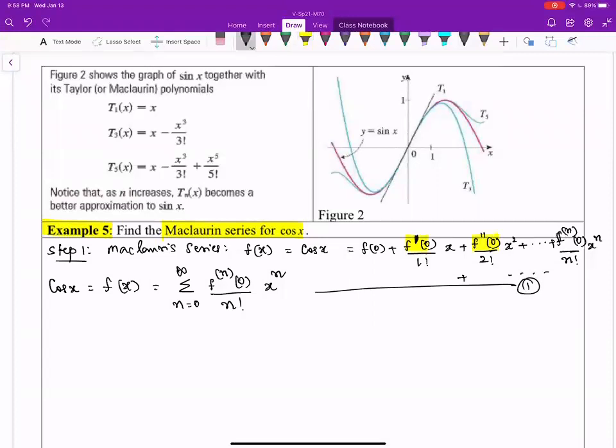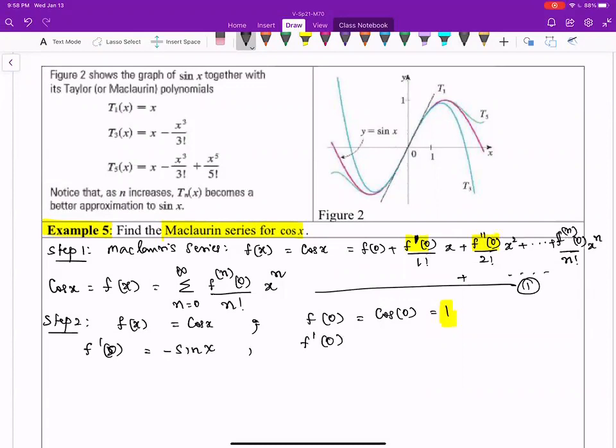So let's start with the given function, which is equal to cosine x, and its value at 0 is cosine 0, which is equal to 1. Then f prime x would be negative sine x.